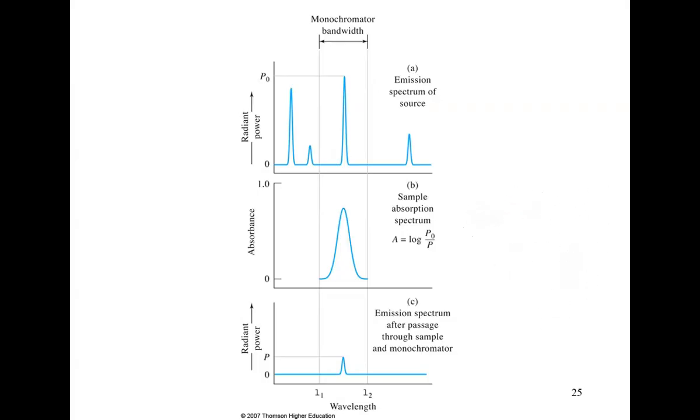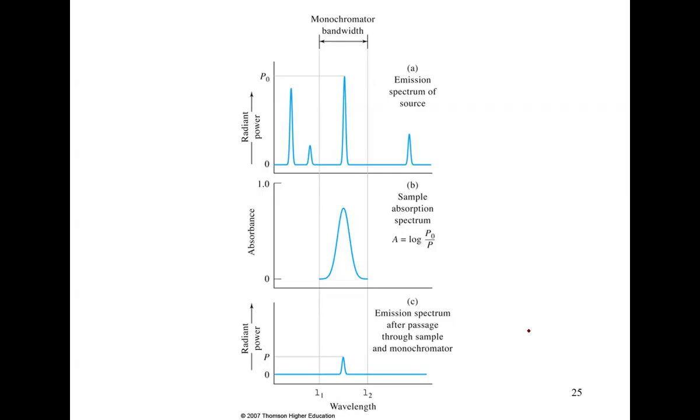Now, you notice you have filtered that, and now this is the radiation source. You have to filter it. After you filter these other lines, or these other wavelengths, then you remain with this peak. After the radiation goes through the sample, you notice the emission spectrum after the passage through the sample and the monochromator, you see some amount of this radiation is absorbed.